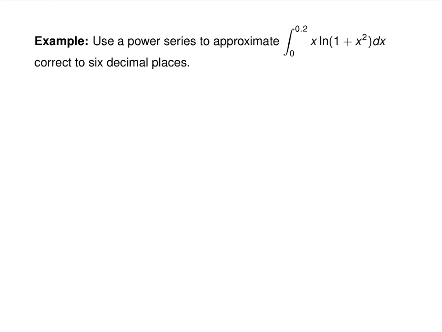Last one, let's use a power series to approximate this correct to 6 decimal places also. And so the only problem here is we don't actually know a power series representation for this function. So, well, we should be able to find one. Let's think about this as x times ln of 1 minus negative x squared.